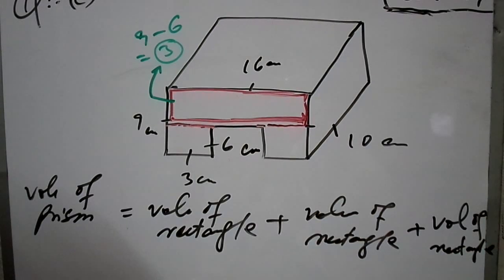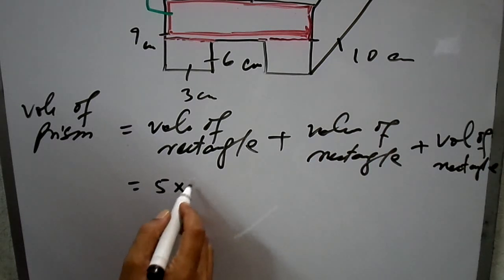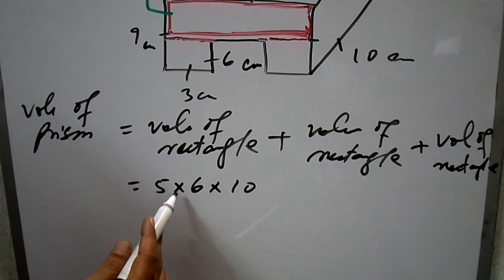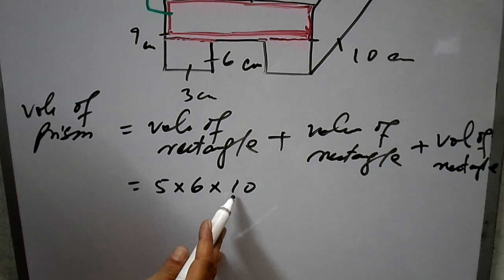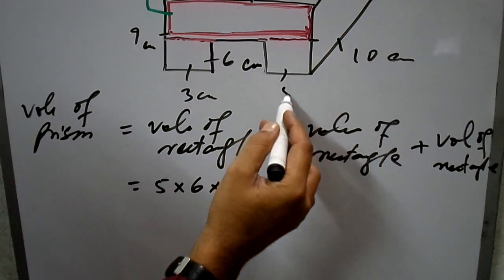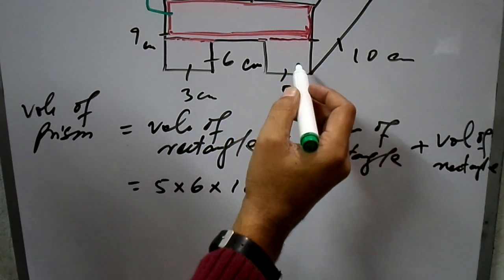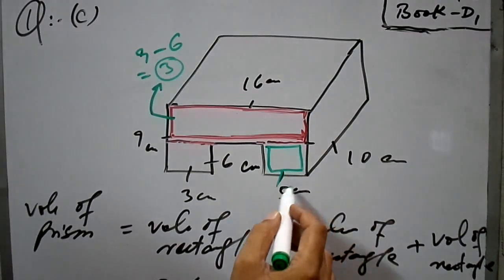So you can see here, first rectangle is 5 cross 6, length into width into height. You can see here 5, 6 and your 10. Okay, that area is your 5 centimeters, so you don't get confused here. That is your another, that is your 5, 6.